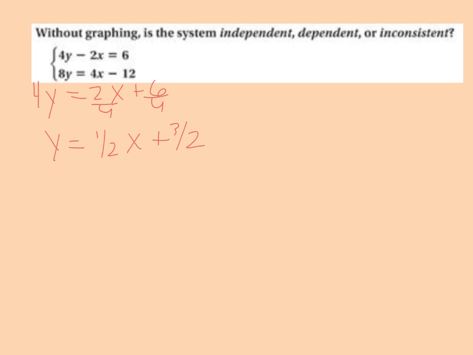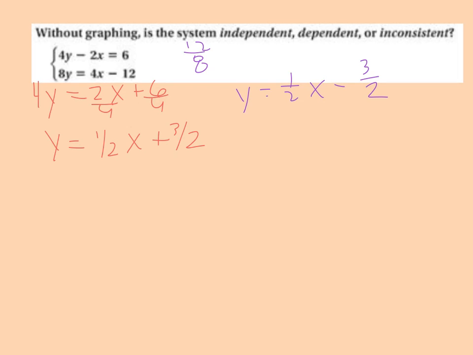Now if I rewrite the second equation, I just have to divide by 8. So that would be 1/2 x minus 12/8. They're both divisible by 4, so that would be minus 3/2.